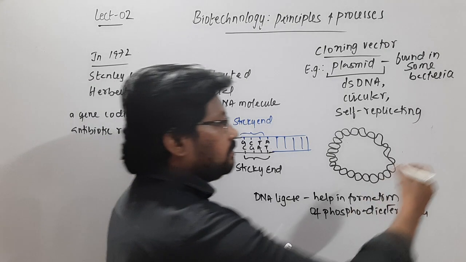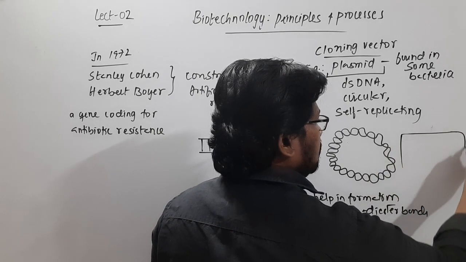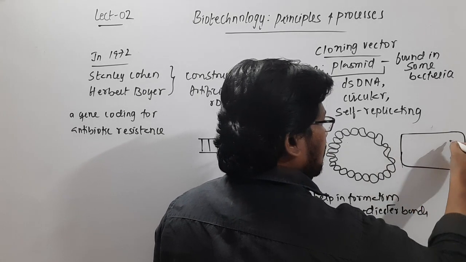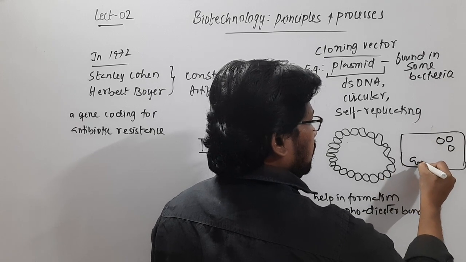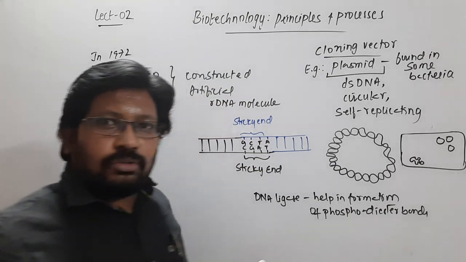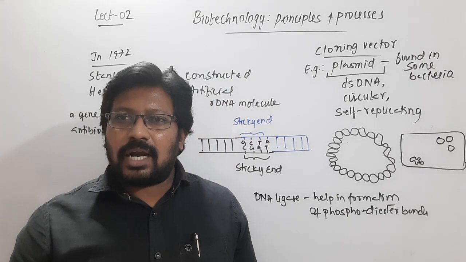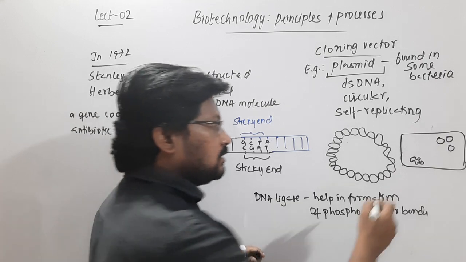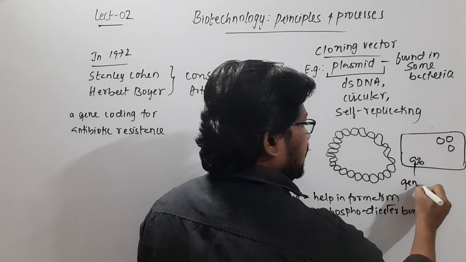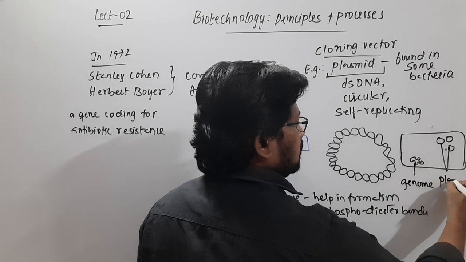I hope you recollect from the first year when we studied that the bacteria have these plasmids, and those are extra chromosomal DNA molecules, not part of the bacterial genome. So this is the bacterial genome, and these are all plasmids.